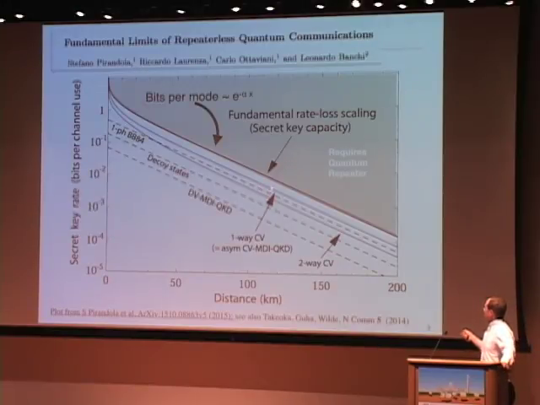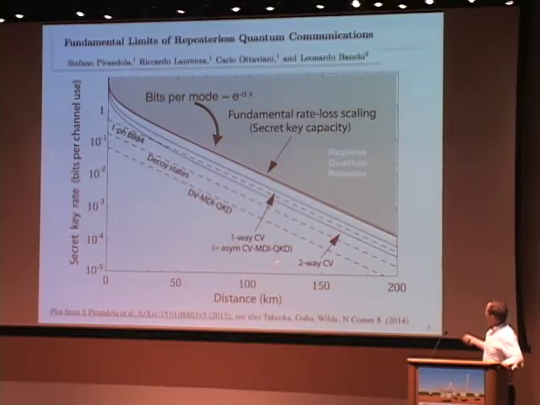So here is a number of different QKD protocols. And actually, it's pretty cool, I think, that the BB84 protocol is actually doing quite well in terms of secret key rate or bits per channel use compared to the ultimate bounds. Here are some of the other protocols that are maybe like a factor of 10 or so away from the ultimate limit.